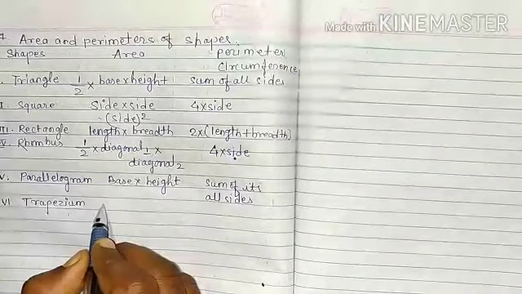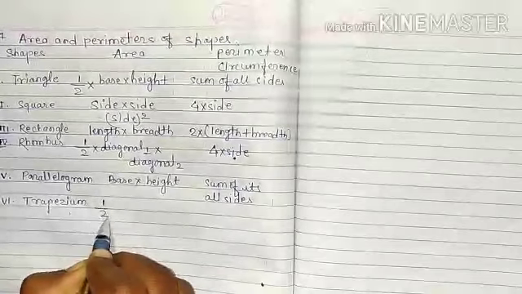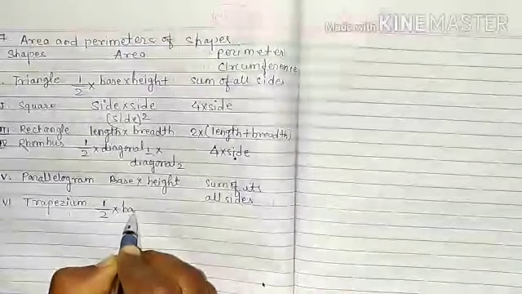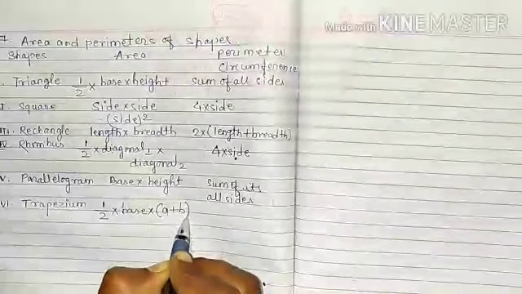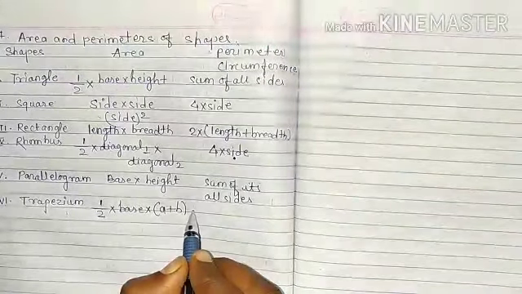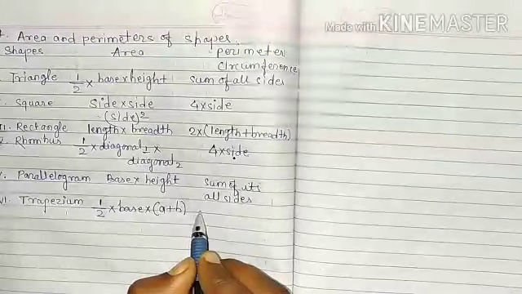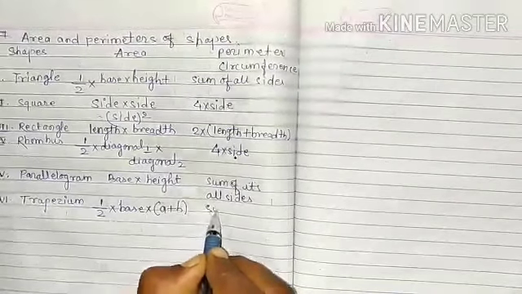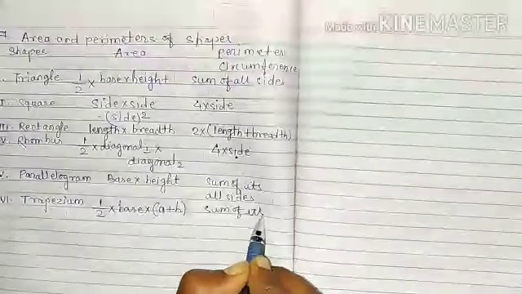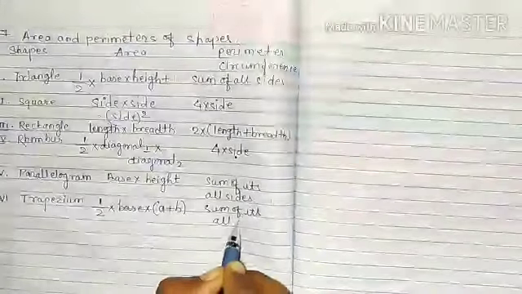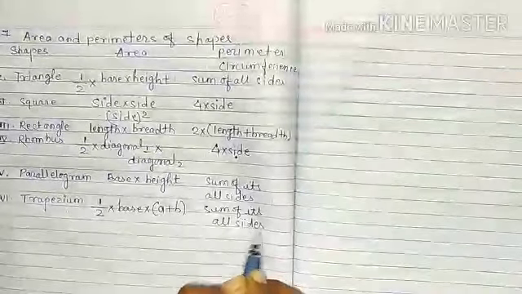Then area of a trapezium is 1/2 into base into sum of parallel sides, and perimeter of a trapezium is the sum of all its sides.